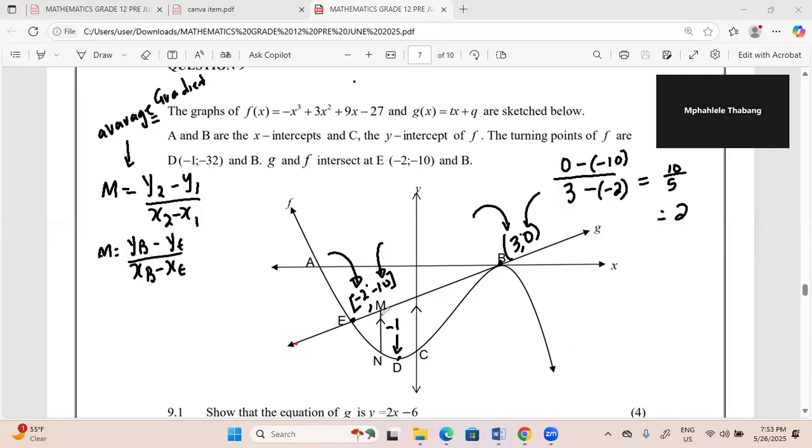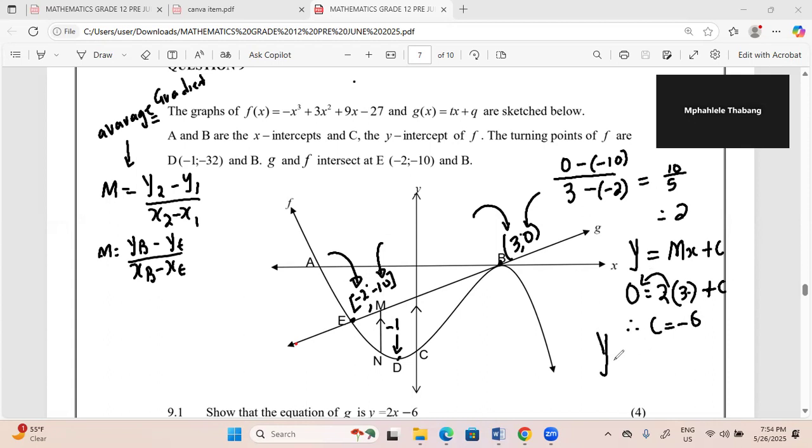Now it should be easy to find the equation of this line EB. y equals mx plus c. What is my y? Use any point. I'm going to focus on point B. At B, y is 0. M, my gradient, is 2. My x at B is 3, plus c. Therefore, c equals negative 6. 2 times 3 is 6, and if you take it to this side, it's negative.